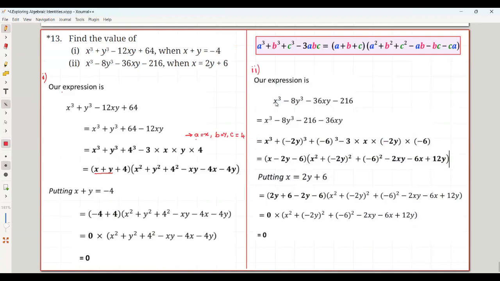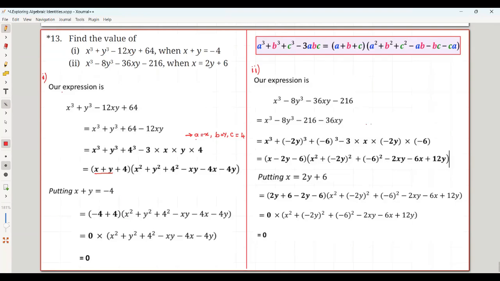Our expression is x cube minus 8y cube minus 36xy minus 216. Just bring 216 to the first, so that we can write it in the form of a cube plus b cube. The b value is minus 2y, and minus 6 the whole cube we will be getting as minus 216.